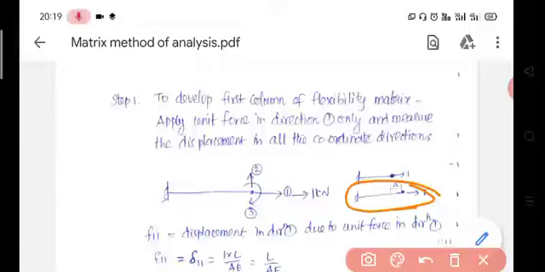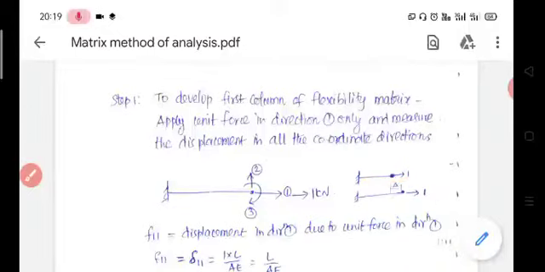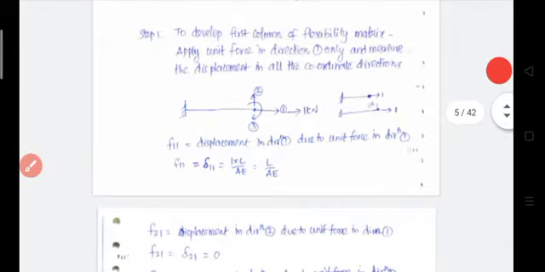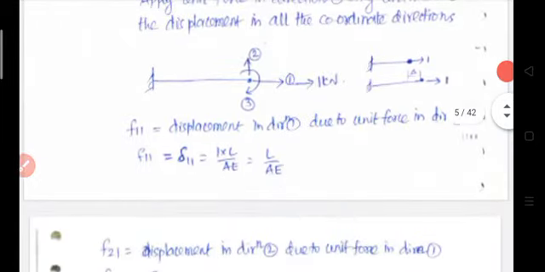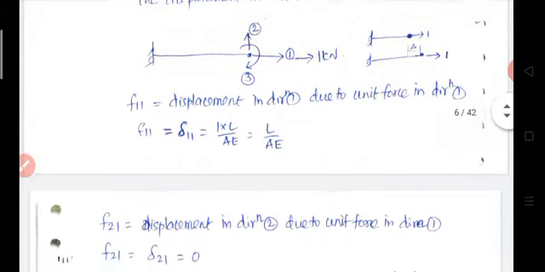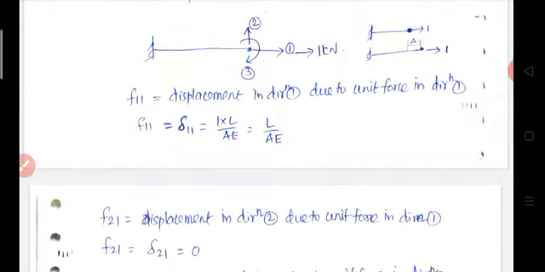Therefore F11 means the displacement in direction 1 due to unit force applied in direction 1.